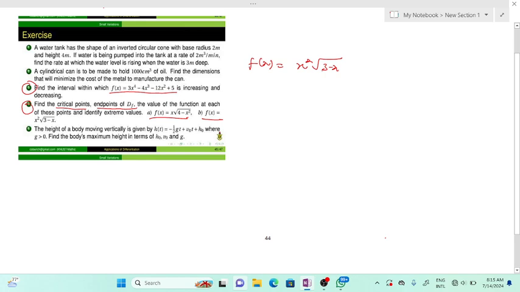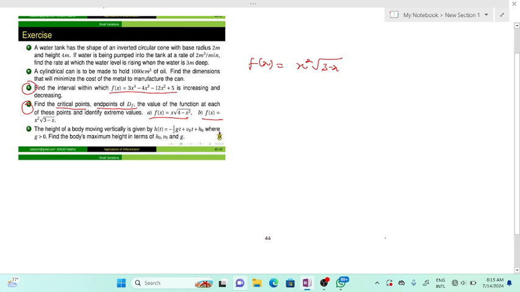When I differentiate here, remember this is what? To the power half, as we did before. You get half times 3 minus x all to the power negative half. Is that not it? Right? Multiplying by what we get when we differentiate what is inside, and that will give us negative 1. Simple as that. So I'll get 2x multiplying the square root of 3 minus x plus x squared, then this is negative 1.